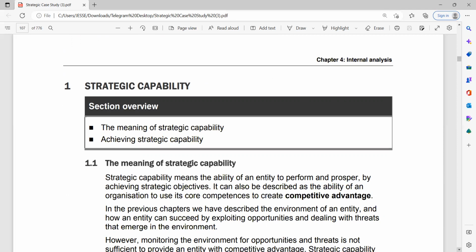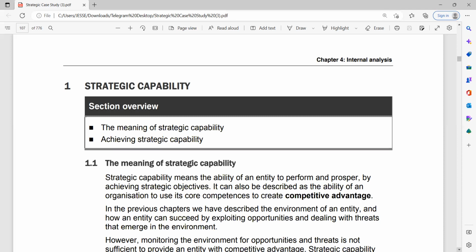So the things that occur inside the company, whether good things or bad things, good factors or bad factors. And that's what we'll be focusing on. The external environment is factors that pertain outside the organization. So when we talk about internal analysis, we are looking at inside the organization.